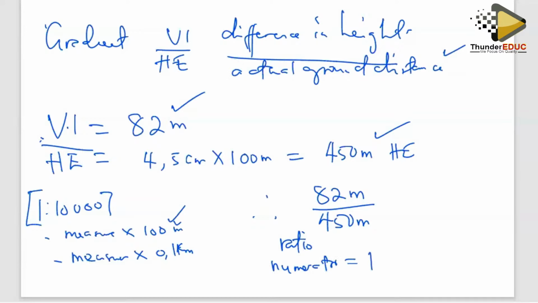So how do we make 82 equal to 1? We divide 82 by 82. Our meter is going to cancel with the meter. What we have done here, we must also do to the denominator, so divide this by 82 as well. 82 divided by 82 gives us 1. Over 450 divided by 82 gives us 5.487.